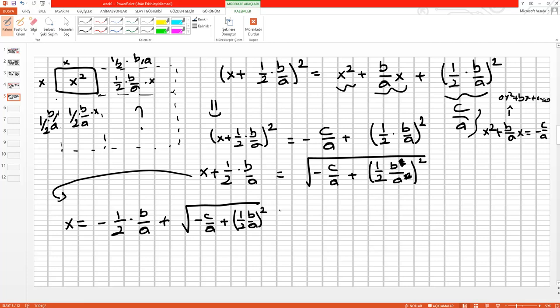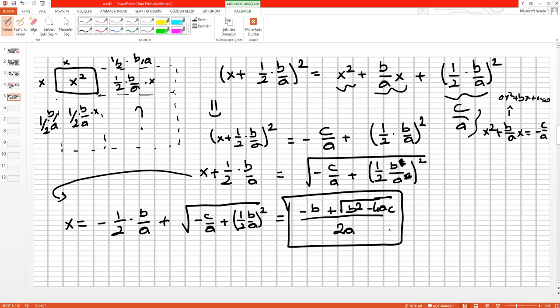And so if we rearrange the whole equation, this gives us minus b divided by 2a plus or minus the square root of b² minus 4ac, all over 2a. This is the definition of the root here.